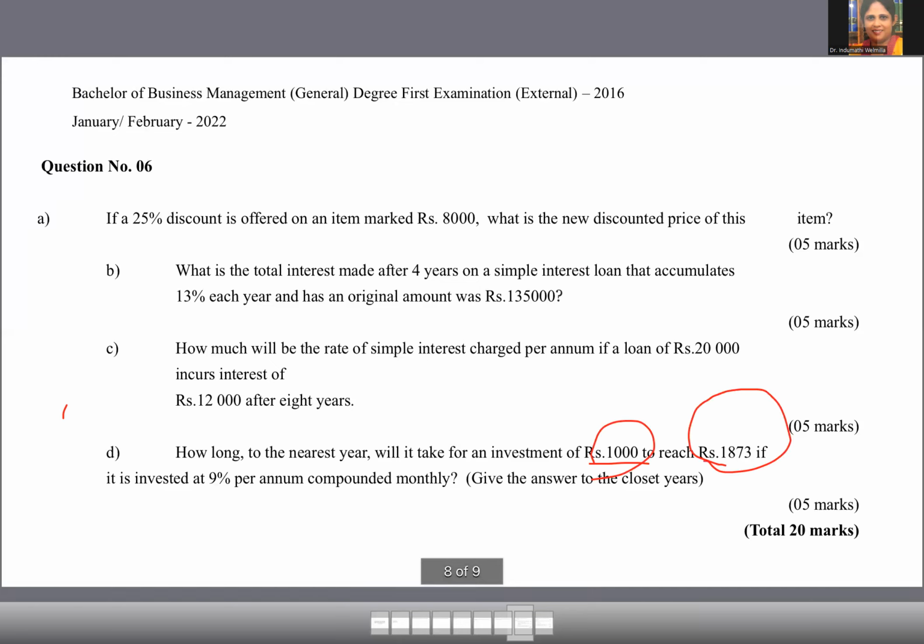The total value means interest plus principal. This amount is invested at an interest rate that is also given. It's asking about the type, and be careful, remember how it is compounded: monthly compounded, right?